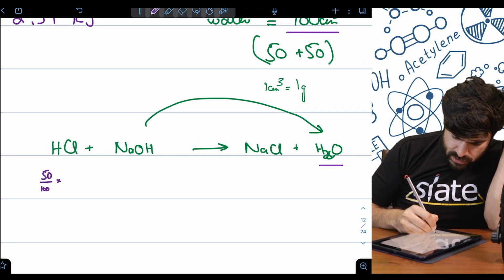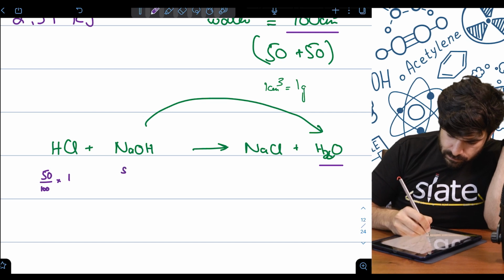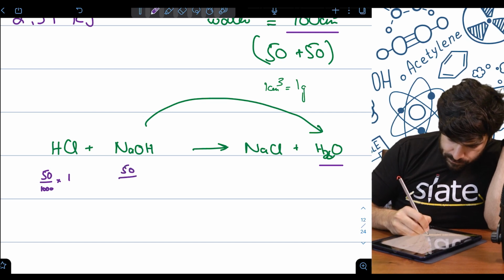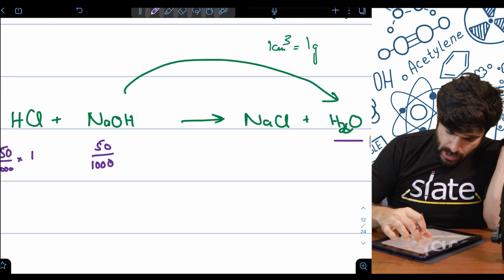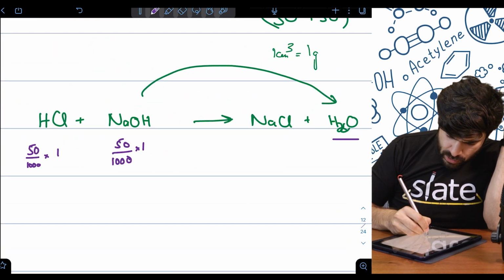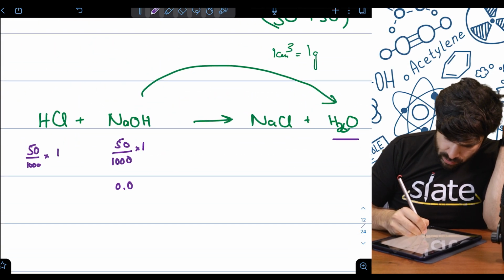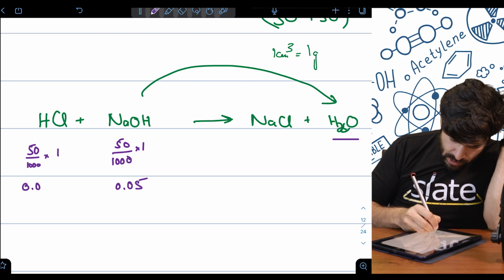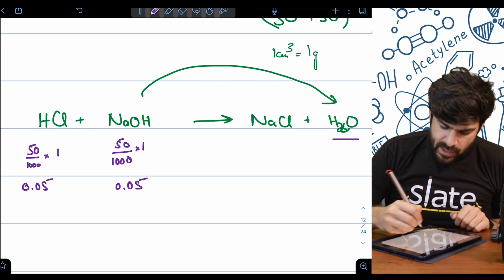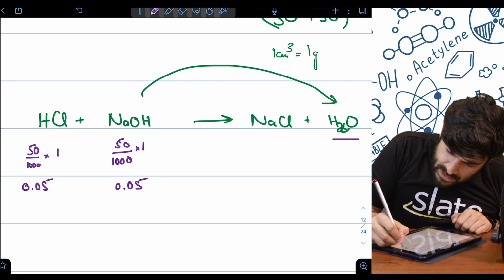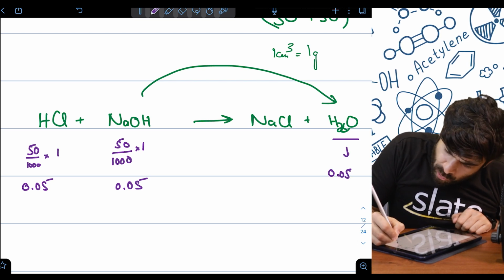Both have the same moles. One mole per dm cube. So I can use any value. So 0.05 moles of HCl or 0.05 moles of NaOH forms 0.05 moles of water.